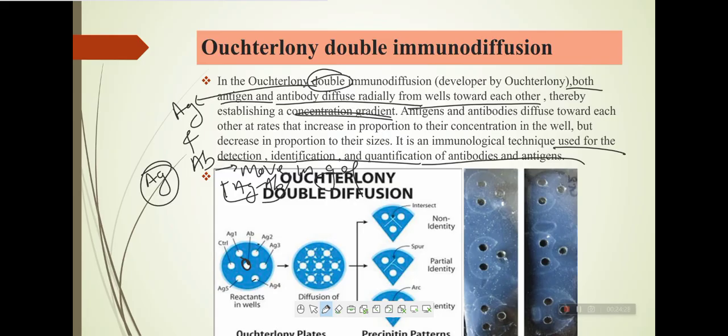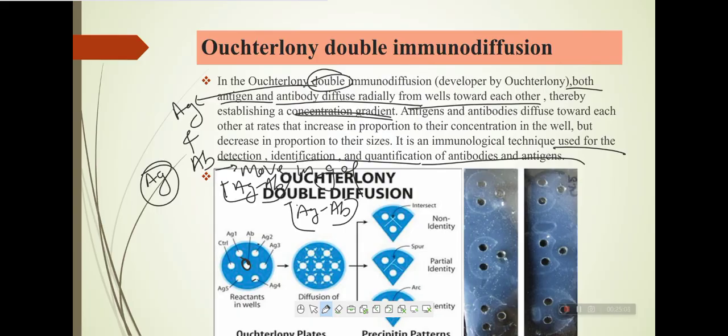After a few minutes we see that some type of identity forms, like a cross identity, or a partial curve identity, or both cross and partial curve. This type of identity is formed when the antigen antibody complex forms.